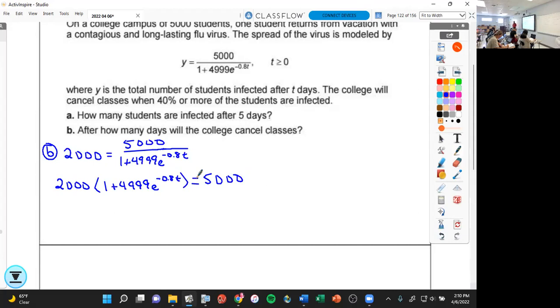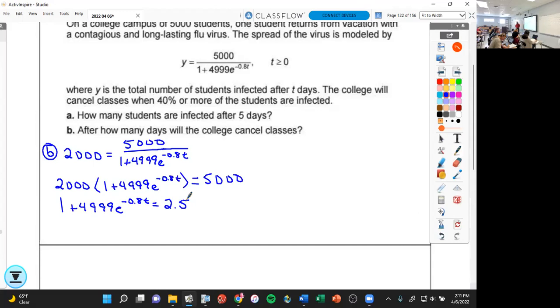Next step. Just divide by 2,000. 1 plus 4,999 e to the negative 0.8 t equals 2.5.